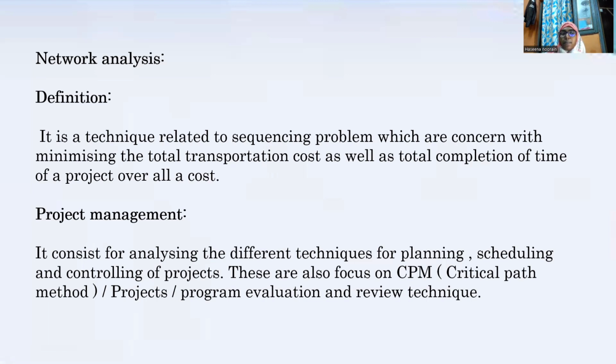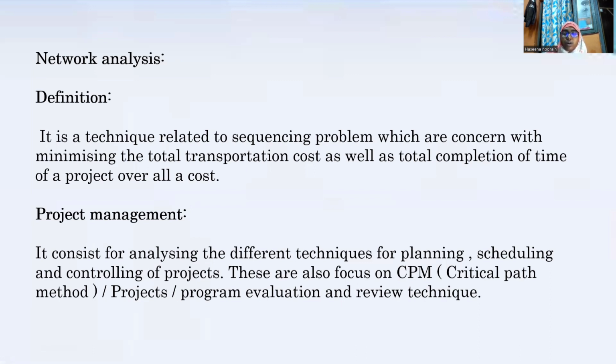The next one is project management. Project management consists of analyzing the different techniques for planning, scheduling, and controlling of a project. These are also focused on critical path method and the program evaluation and review technique, which means in this we can easily analyze the different techniques for planning a project, the steps which we use to analyze and plan in the project.